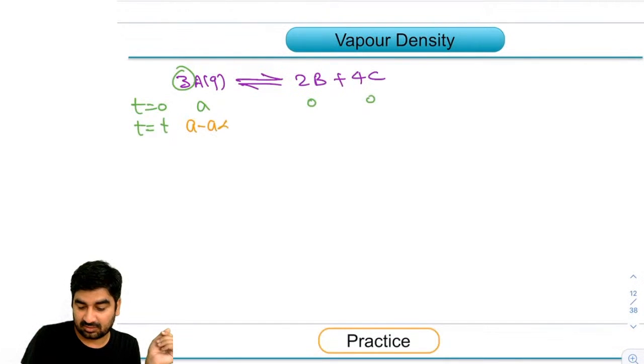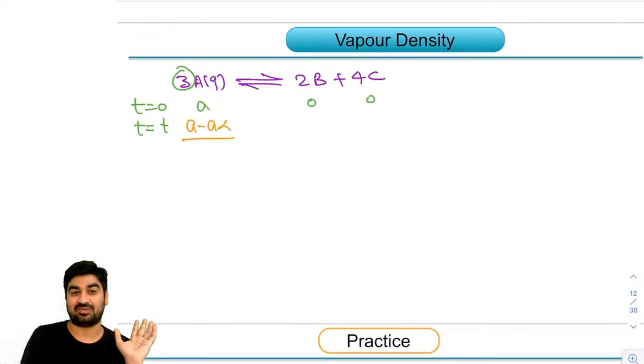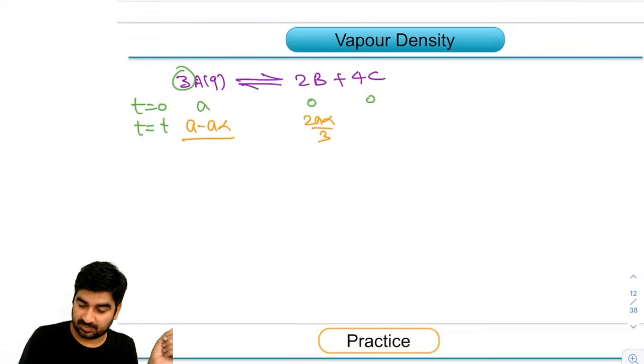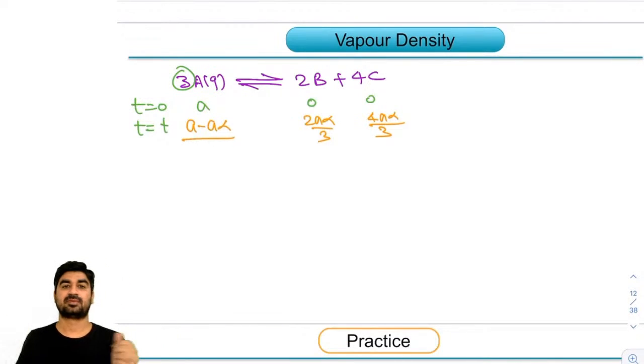A minus A alpha. Don't write A minus 3 alpha. I told you what is the problem with that. And after that, it will be 2A alpha by 3. And after this, you will be getting 4A alpha by 3.